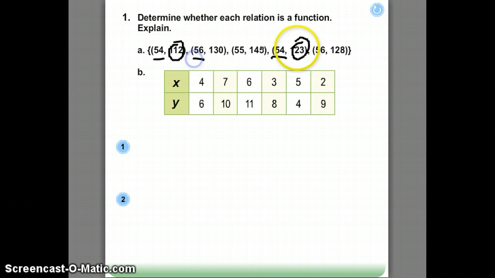Same applies for 56. If I look at my two ordered pairs that have 56 as an x variable, I notice that their y's are different. So therefore, those two points are going to fall on the same vertical line. So A is not a function.